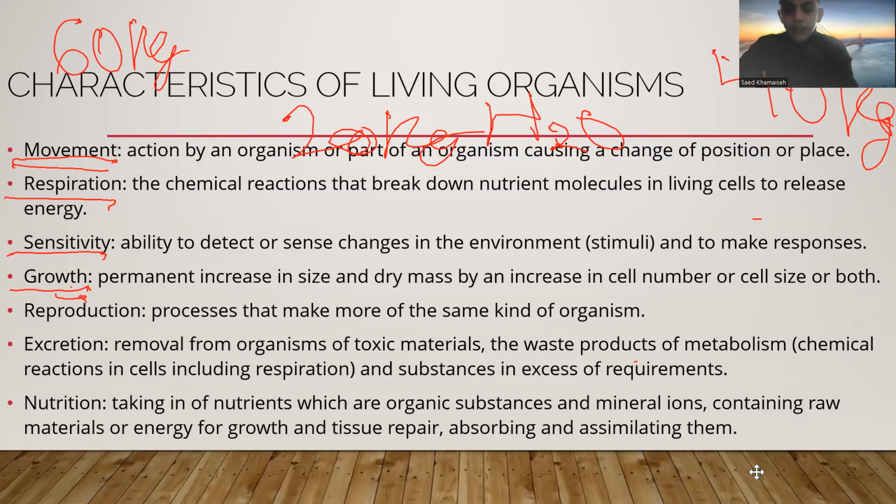I hope you understand that it is a process between two parents of the same kind of organism to produce more of the same kind of organism. This is reproduction. So we have now finished five: movement, respiration, sensitivity, growth and reproduction.